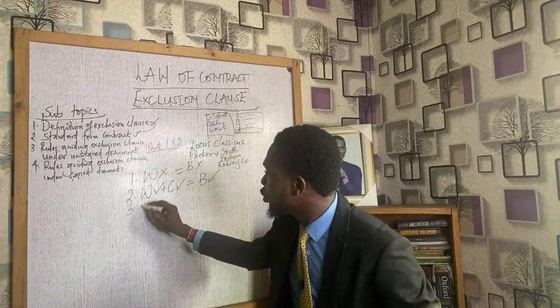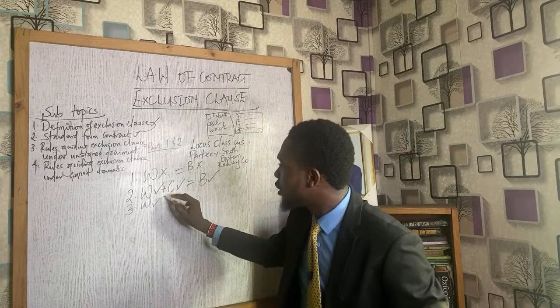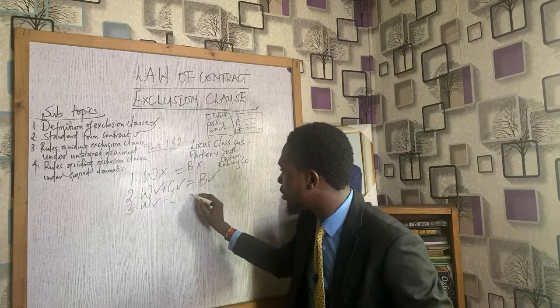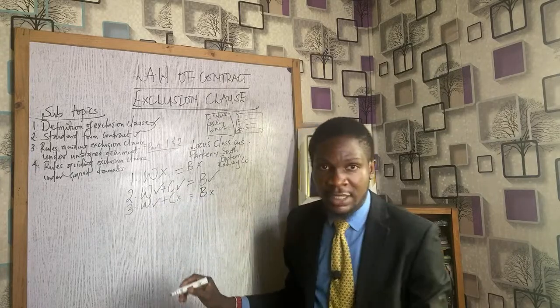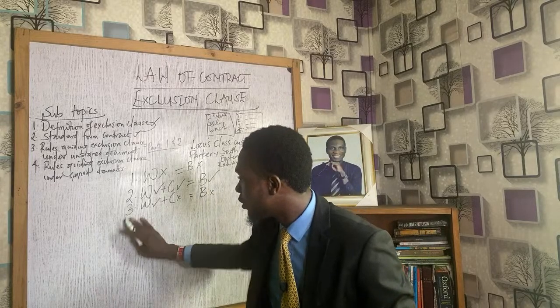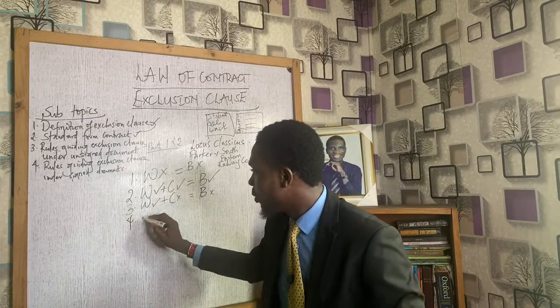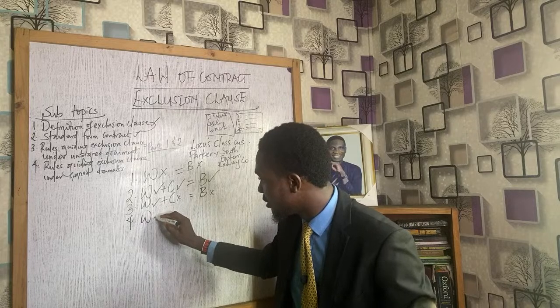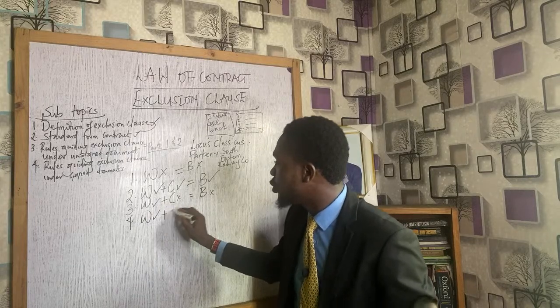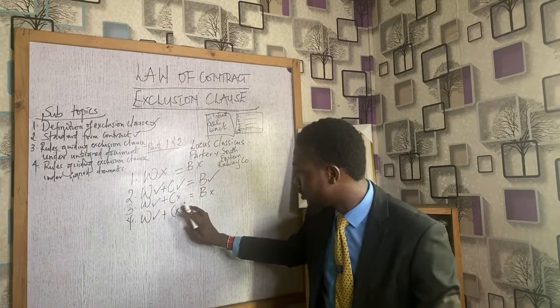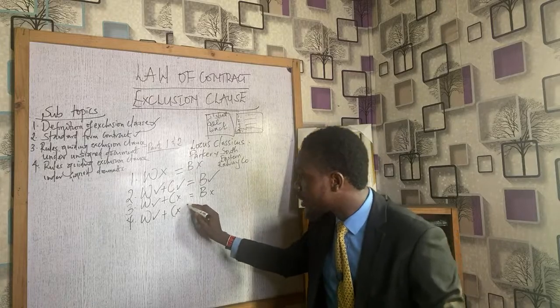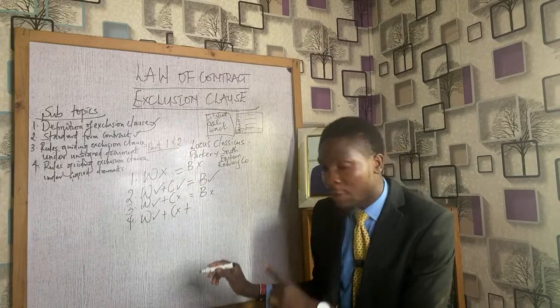So if he knew that there was writing but did not know that there were conditions, he will not be bound, right? But now number 4, if he knew that there was writing, he did not know that there was condition, but now look at it, there's an additional one.